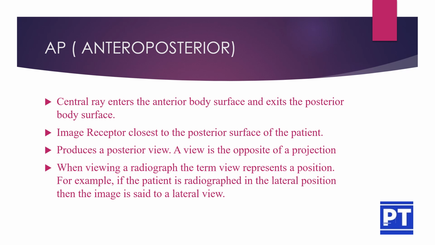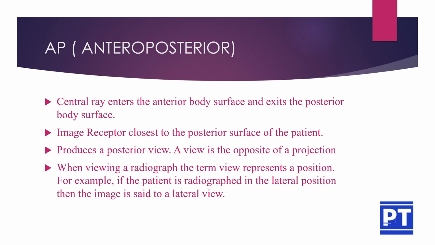So, anteroposterior. Again we are moving on to some radiographic projections. Briefly, the first A determines that the ray is entering through the anterior aspect, and P, the image receptor, is placed at the posterior aspect.